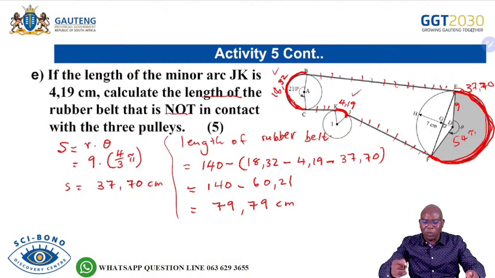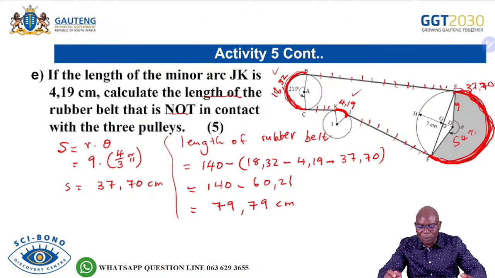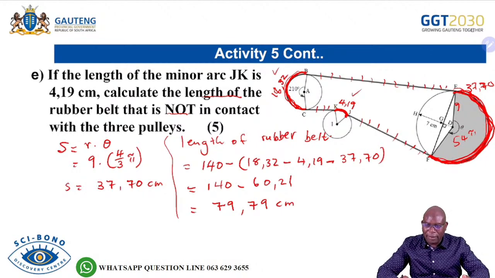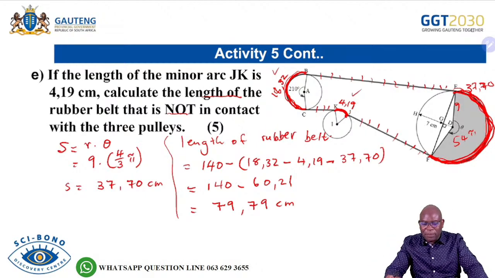So for E, I have that I already got. This nicely it was given that I needed to calculate. So therefore I'll be able to do that. Okay. All right. Now activity 6.